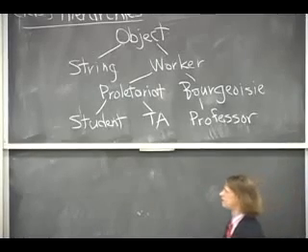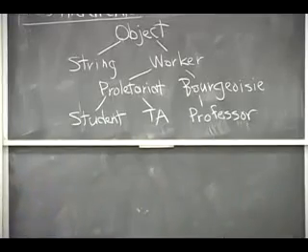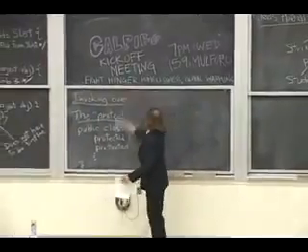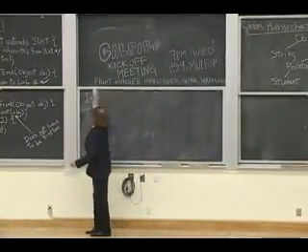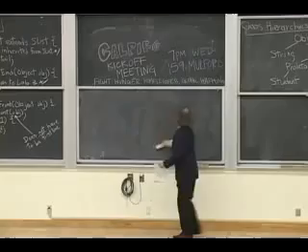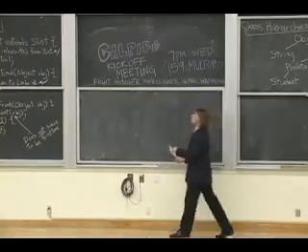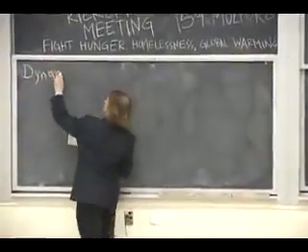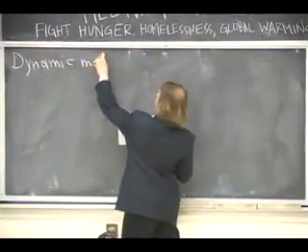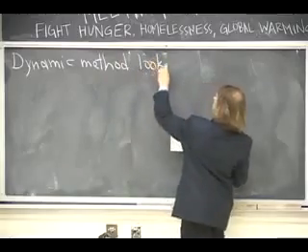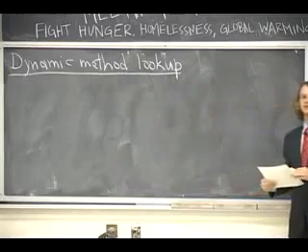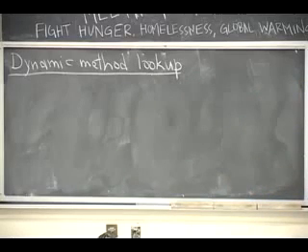All right. Maybe I'll use this board, because now here's where we get to the heart of things. The heart of inheritance is something with the obscure-sounding name dynamic method lookup. Here's where inheritance gets really interesting. Any TailList can masquerade as an SList.